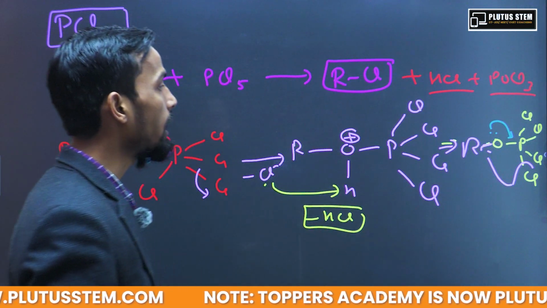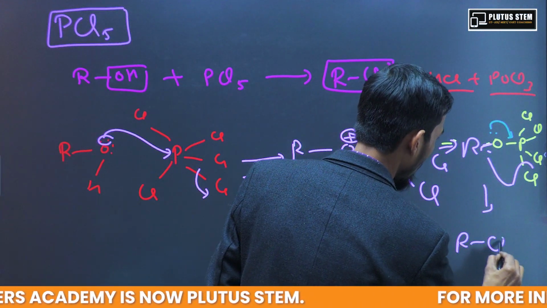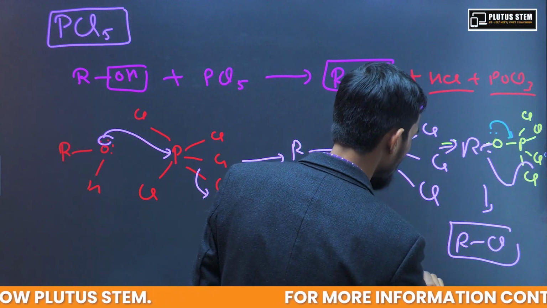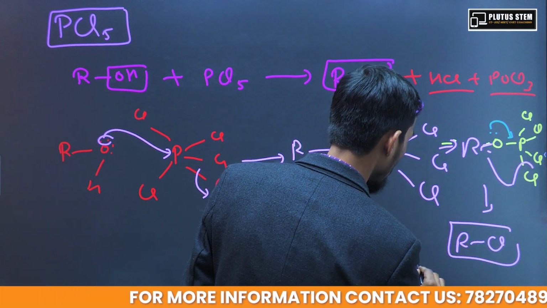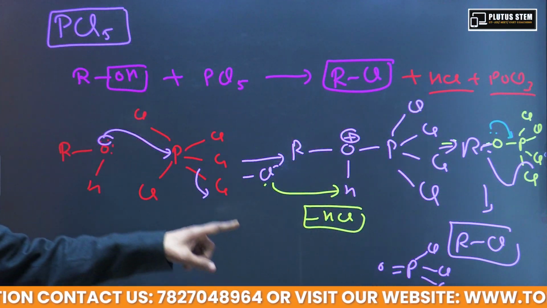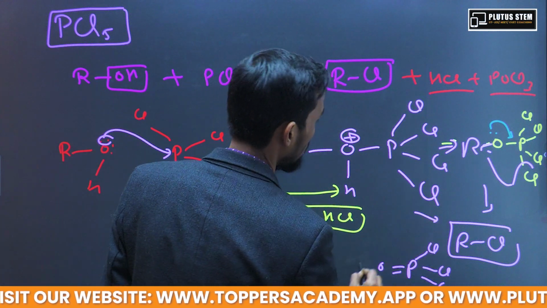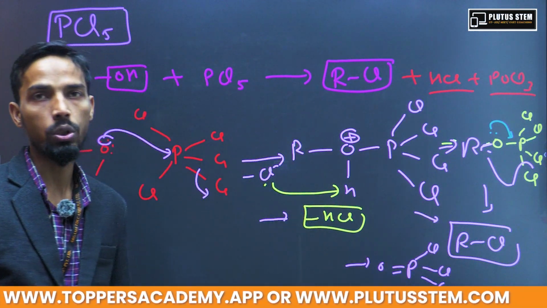This mechanism is intramolecular, and we are getting a product RCl, and this is P double bond O Cl3. So you can say POCl3 plus RCl plus HCl, the three things. This is HCl, this is RCl, and this is POCl3.